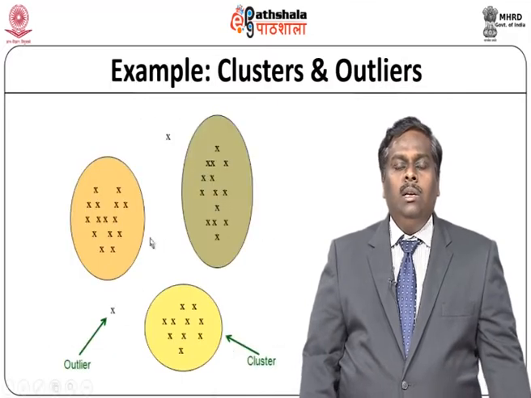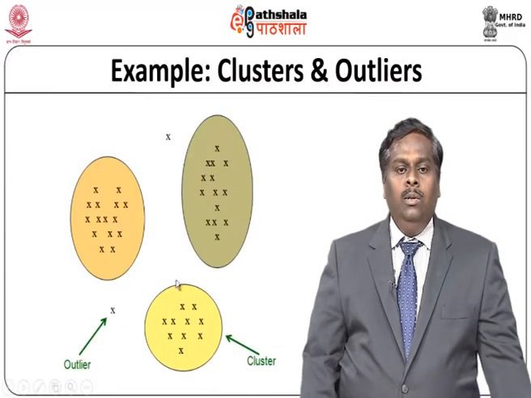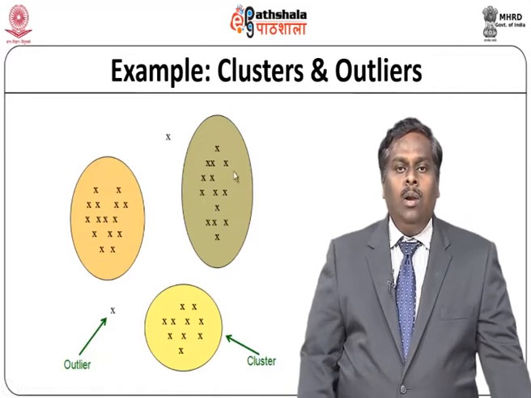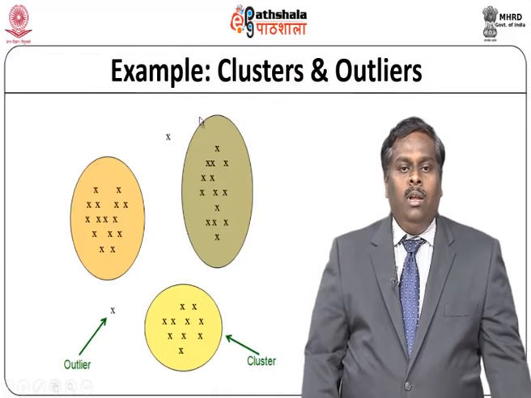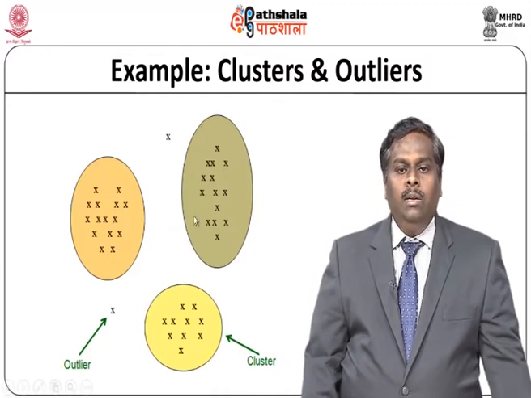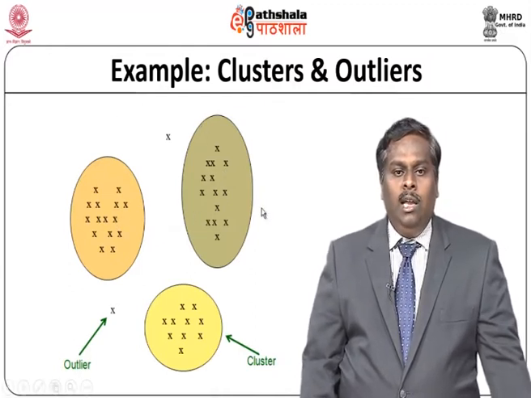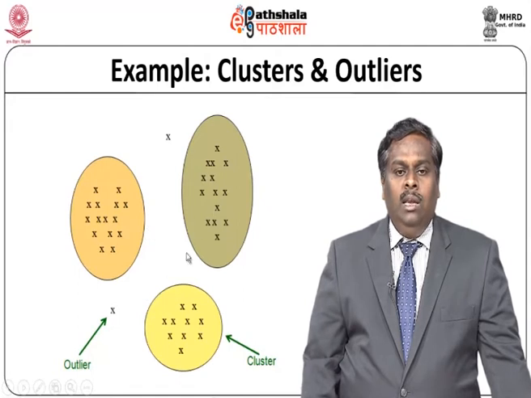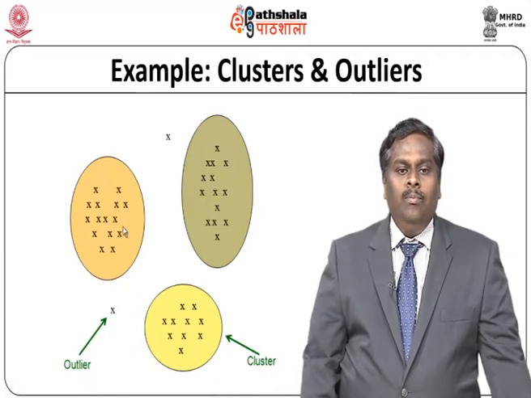Now, let us take a sample scenario and understand what is within a cluster and what is not. Consider this figure. In this figure, you find 3 elliptical objects encompassing some groups of data points. All the data points within these 3 elliptical objects are highly similar.